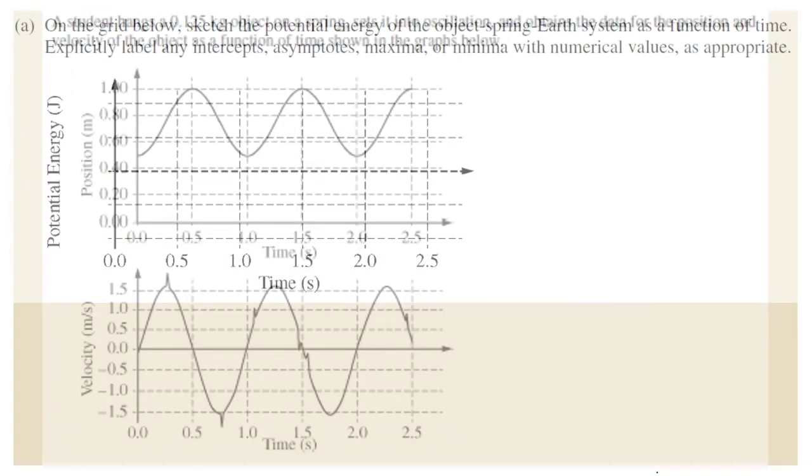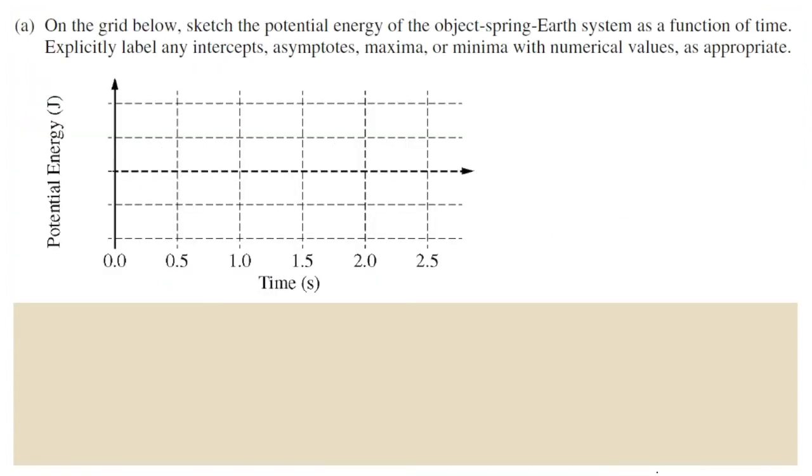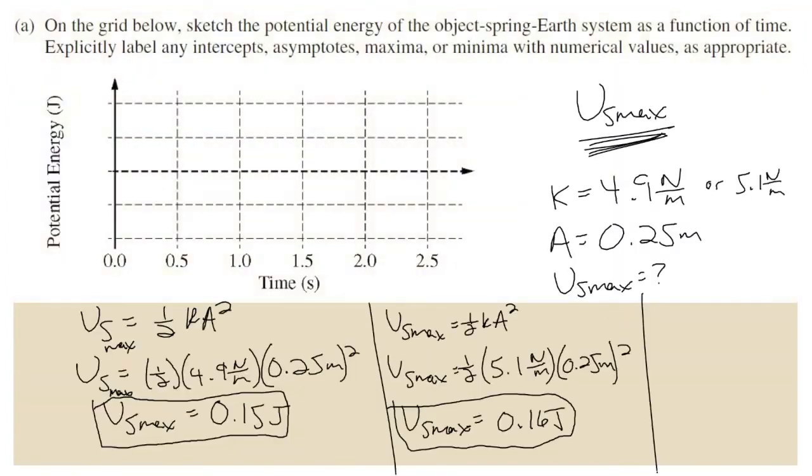And basically, that would involve you just recognizing, well, this velocity reaches a maximum value, which means the kinetic energy reaches a maximum value. And even though the potential energy is 0 when the kinetic energy is at a maximum value, energy is conserved. And so if I just find that maximum kinetic energy, I can find that elastic potential energy.